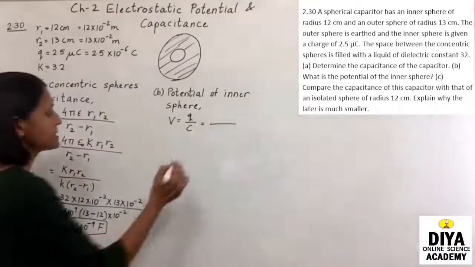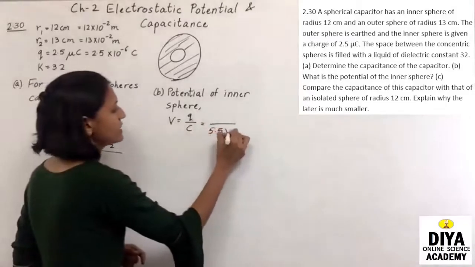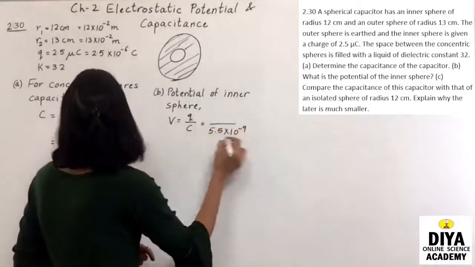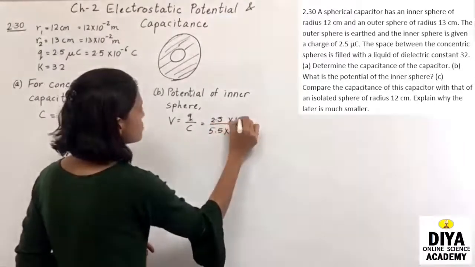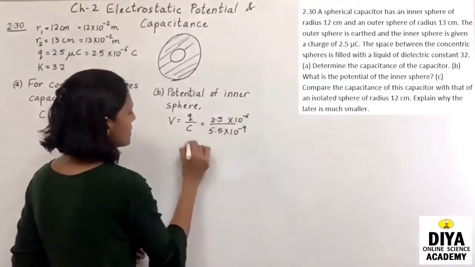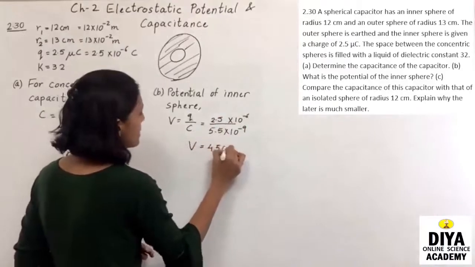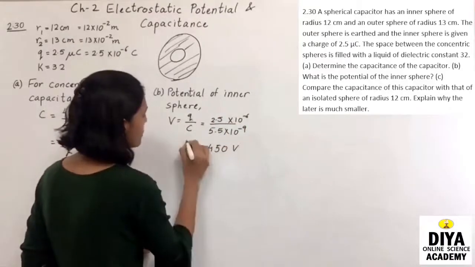How much is the capacitance? 5.5 into 10 raised to minus 9. Q is 2.5 into 10 raised to minus 6. So the voltage will be 450 volt.